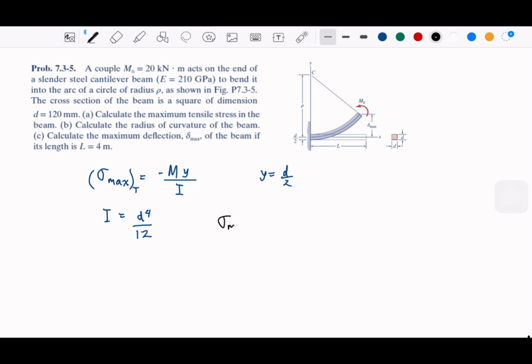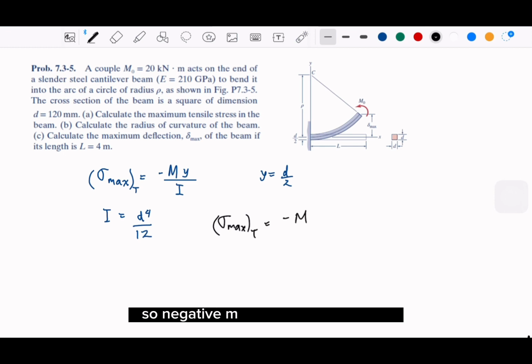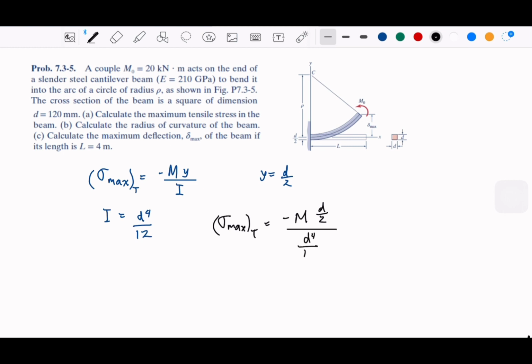So we put negative M, and then y is d/2, and then divide by d to the power of 4 divided by 12. So we cancel this 6 and this 3.